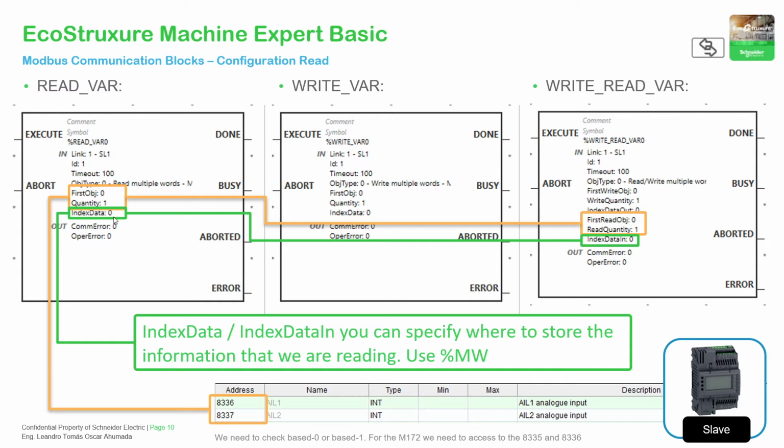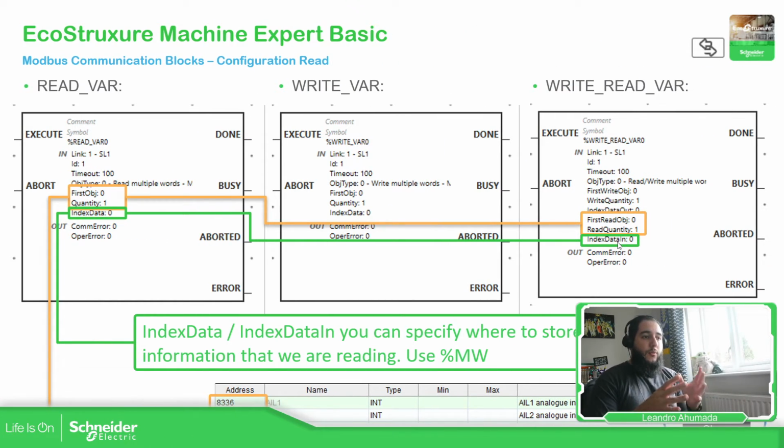And then the next one is the index data. In this case, for read or write read bar, that parameter works like this: I read from this register of the other device, for the amount of registers that I want to read, and then that information will be stored in a position in my PLC, the M221.